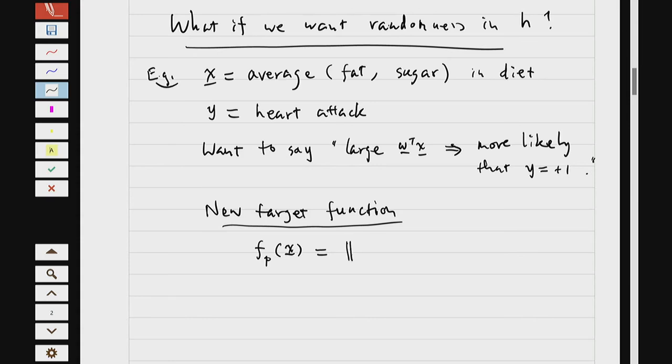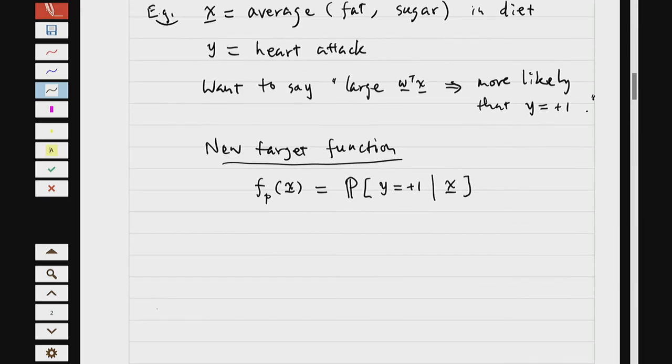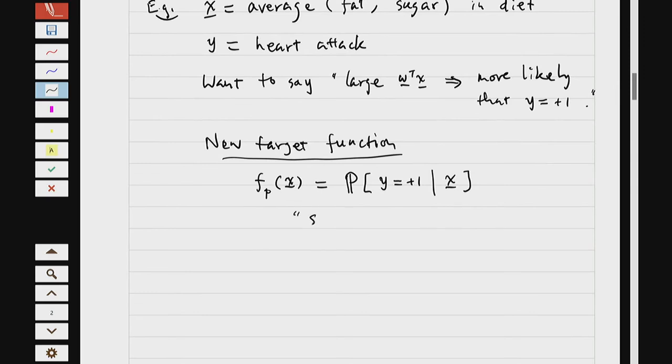Let's define it as the probability that y is +1 given this input x, the features. This would be our new target function. So of course, it's a soft decision, instead of a hard decision in linear classification.